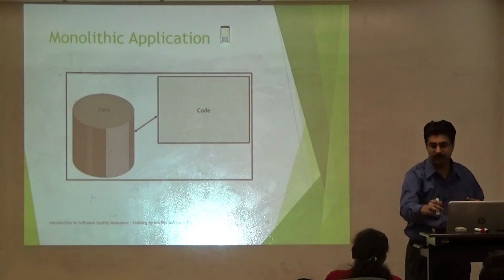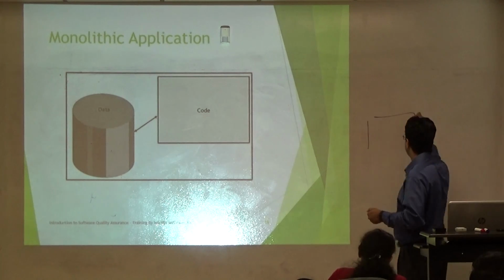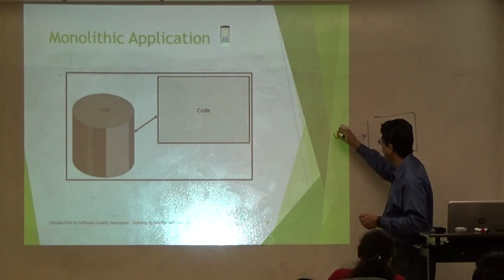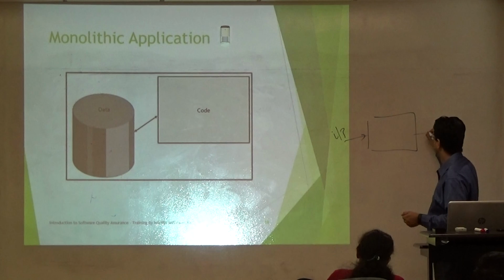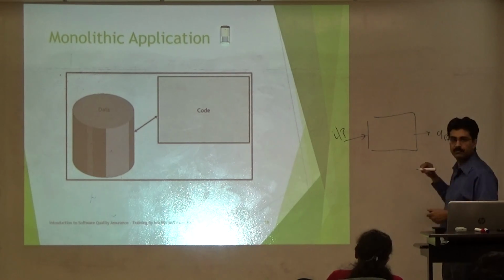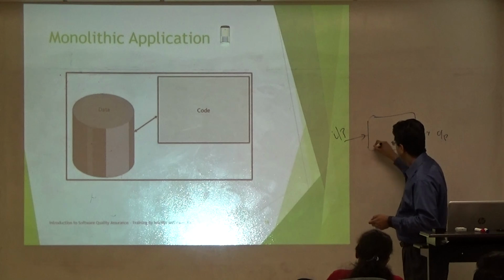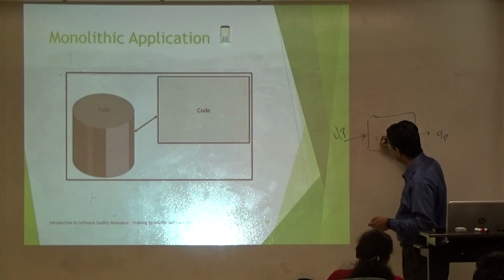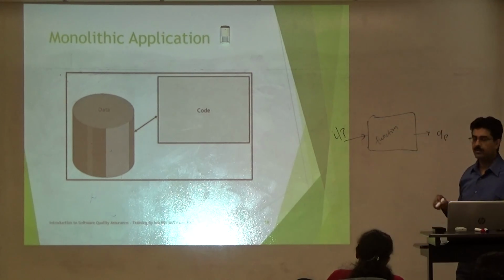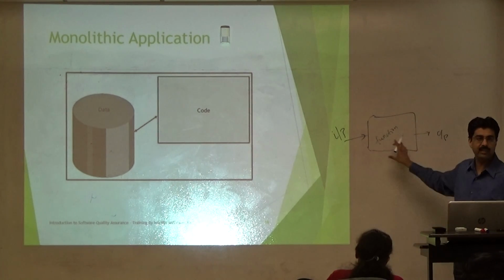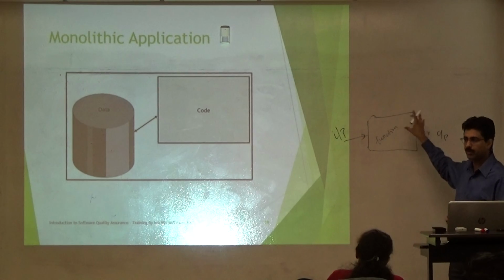So we talked about a simple one, right? I give some input, I get some output, and I have some function that it performs. That's my basic construct of any computing system: input, output.